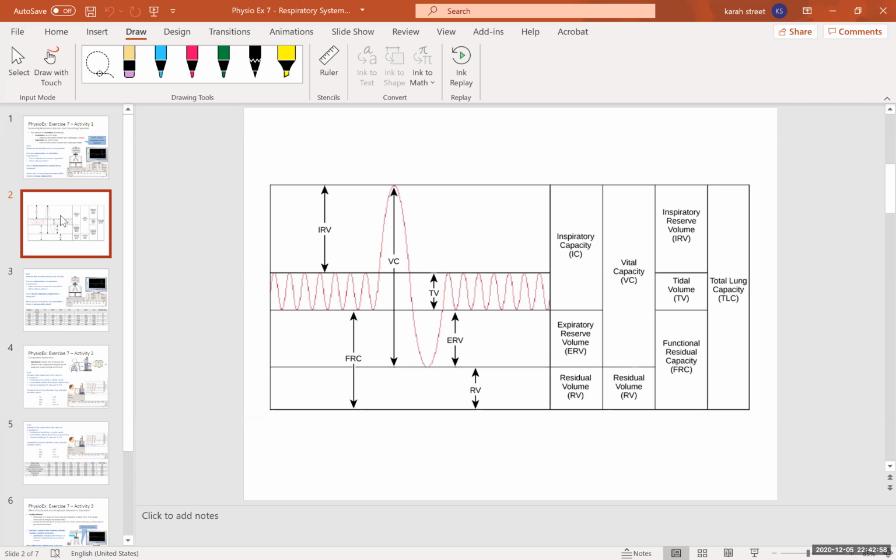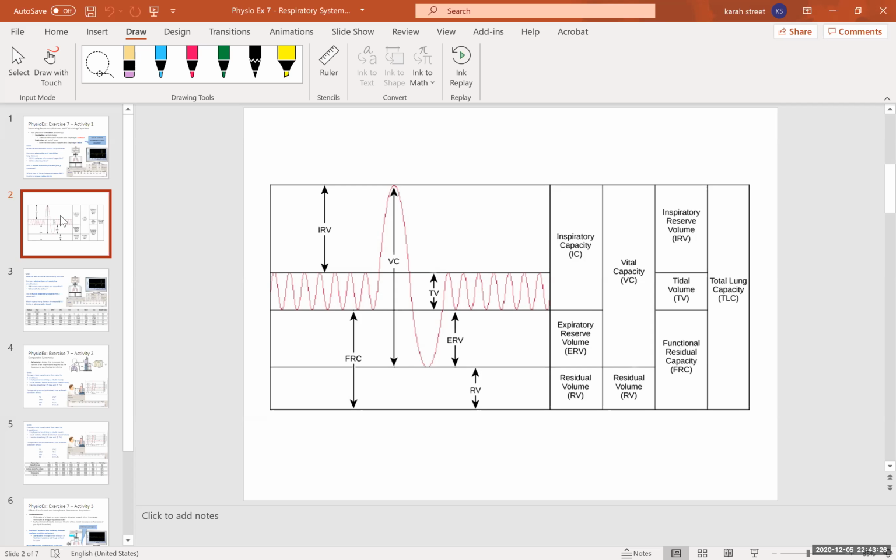So again, our 4 capacities are total lung capacity, vital capacity, and the 2 that I did not go over. Functional residual capacity is the amount of air remaining in the lungs at the end of a normal exhale.